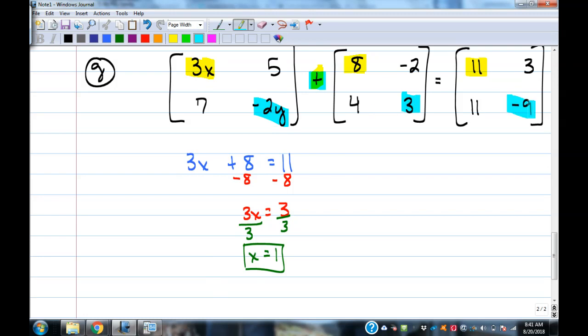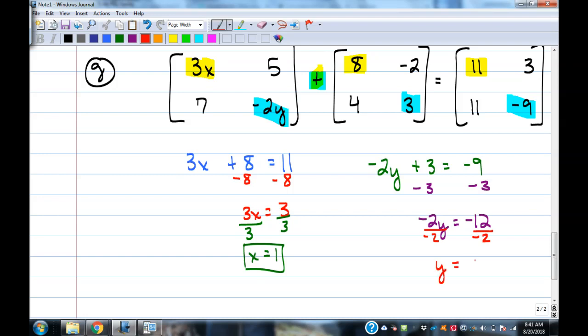There you go. Negative 2y plus 3 equals negative 9. How do we solve that? Subtract 3. Negative 2y is equal to negative 12. Divide.